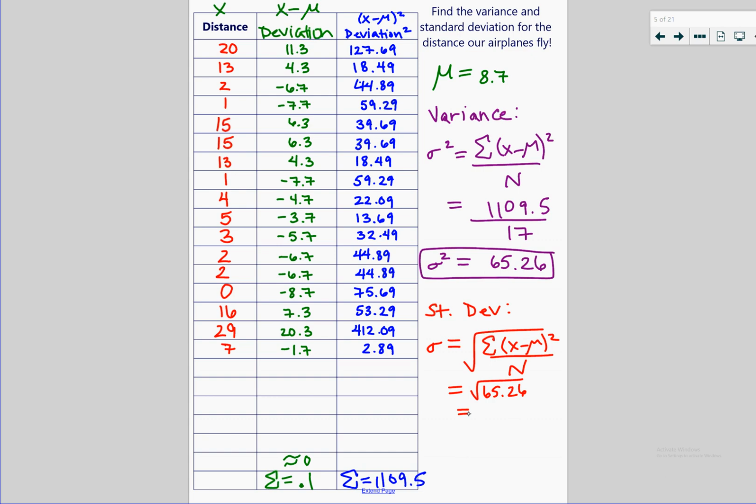And the square root of my previous answer, I'll just use in my calculator, is 8.079. That is our standard deviation. And again, if you want to make a note, this is all population calculation. So we're assuming the data we collected was the entire class, therefore it was a population.